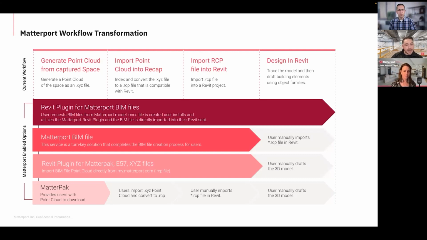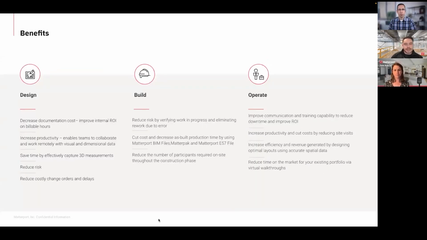We also allow for that with the Matterpack XYZ and E57 files. The difference between the two is the Matterport BIM file is an already created Revit building project, whereas the Revit plugin allows you to pull in point clouds into Revit for creating your own project from scratch.